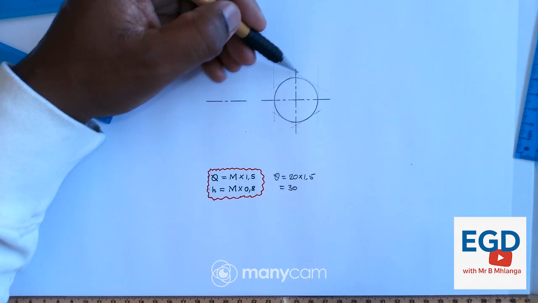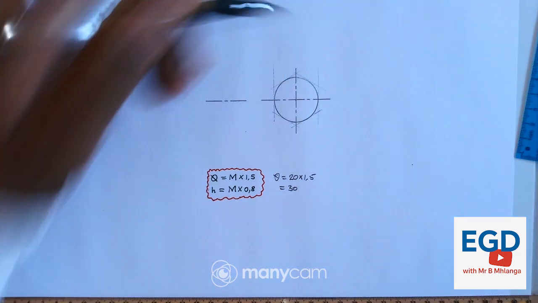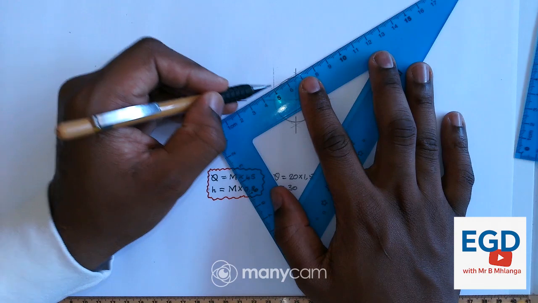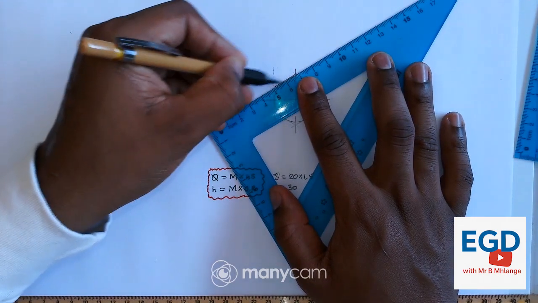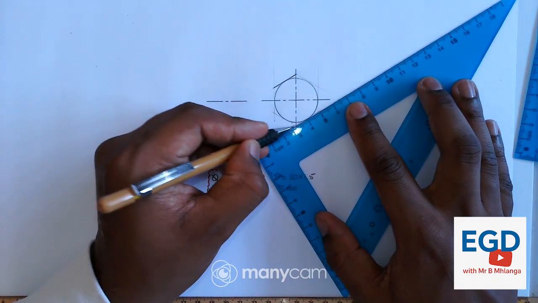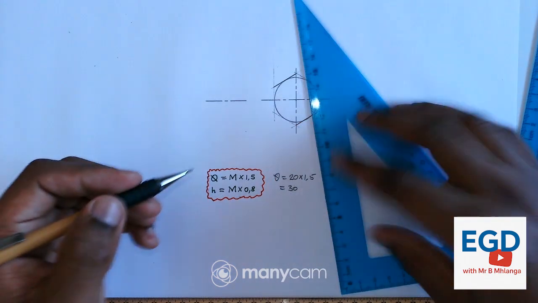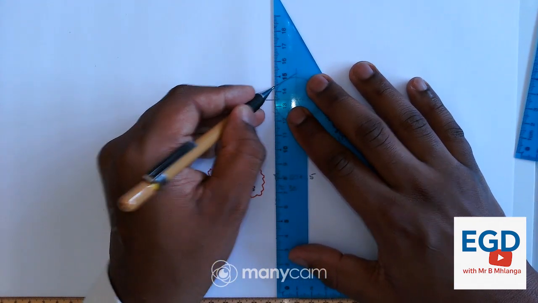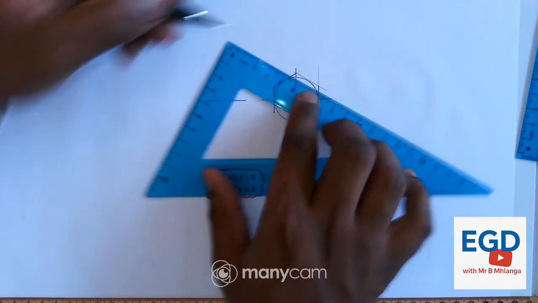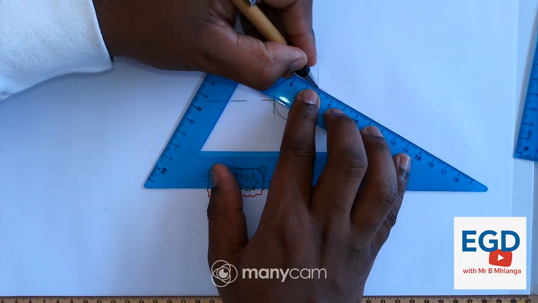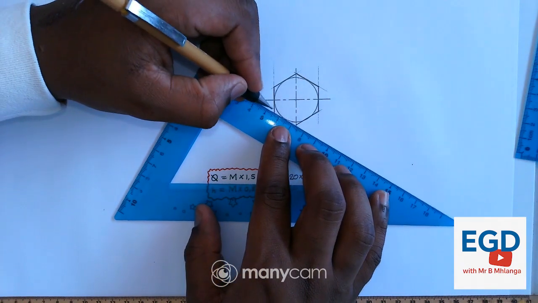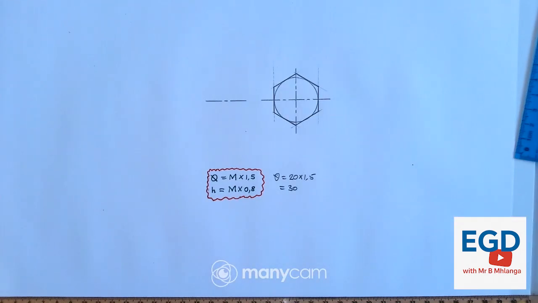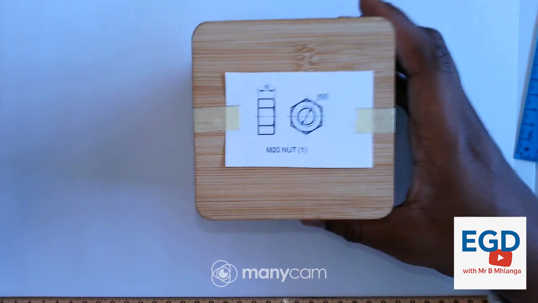So automatically I have my hexagon, and I can just draw the hexagon using outlines, just like that. So this is the hexagon.